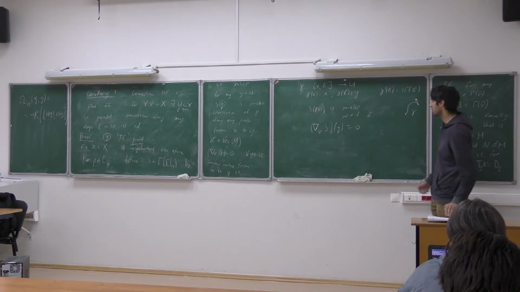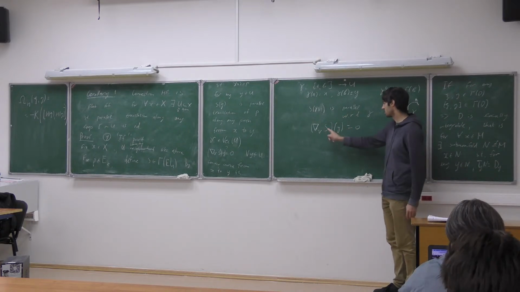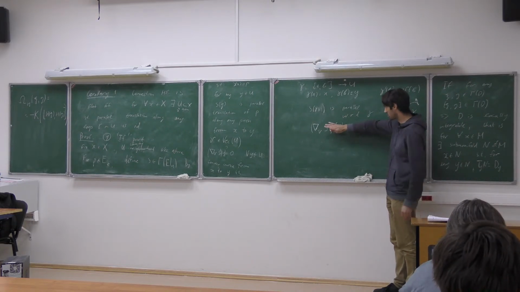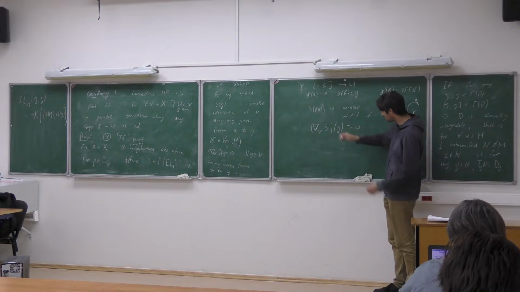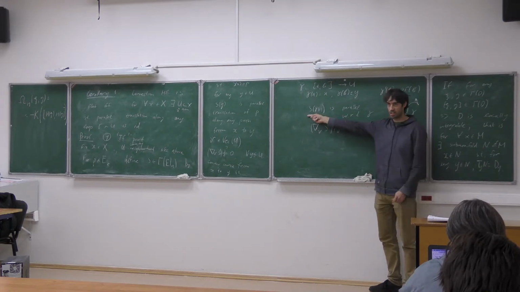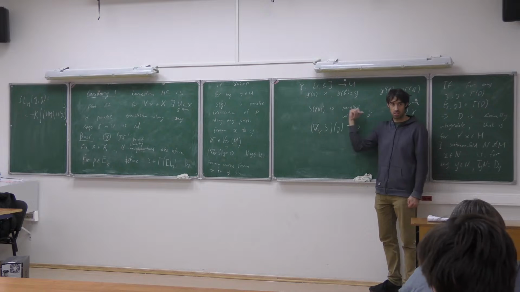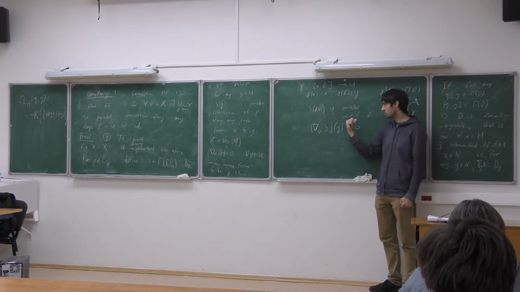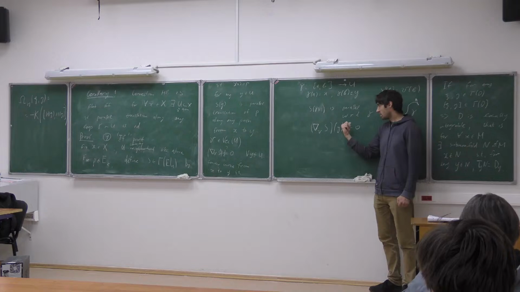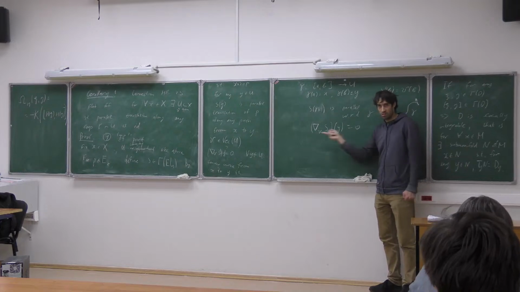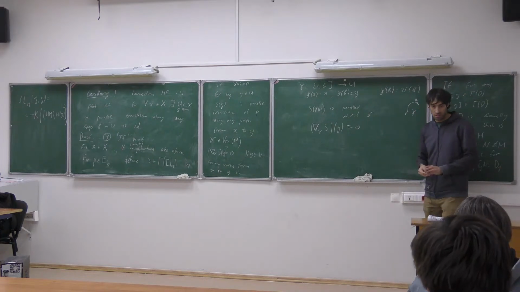I say that this is parallel because this is 0, but no, this is not true. This is parallel because we just defined S like this, right? So this is just by definition of S. So this is parallel, hence by the definition of parallel it is just like that, and that's it.